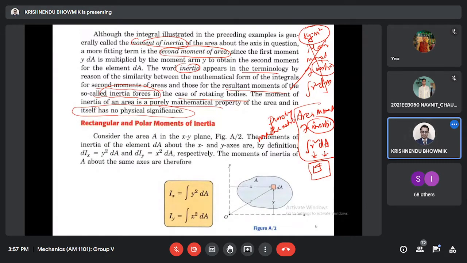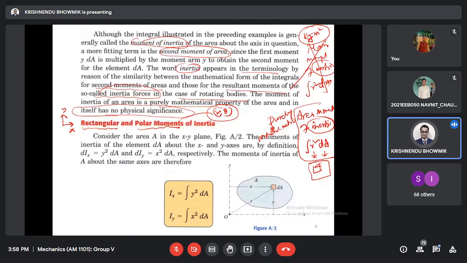Now we have two ways we can give this moment of inertia. One is rectangular moment of inertia, the other is polar moment of inertia. Rectangular is related to the xy Cartesian coordinate. Polar moment of inertia is related to r theta, polar coordinate.